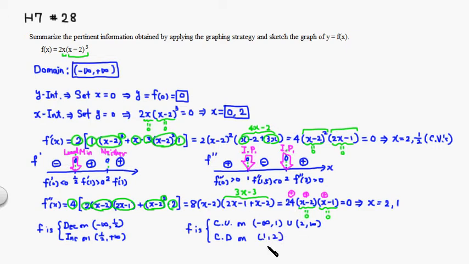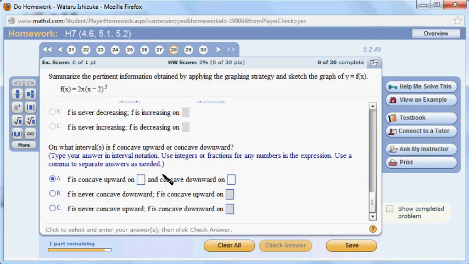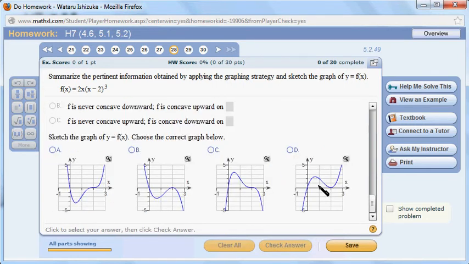Right, so let's type that in. Alright, so concave upward on interval from negative infinity to 1, and also 2 to positive infinity, right? And concave downward on interval from 1 to 2, right? So let's check the answer. Alright, so we got that.